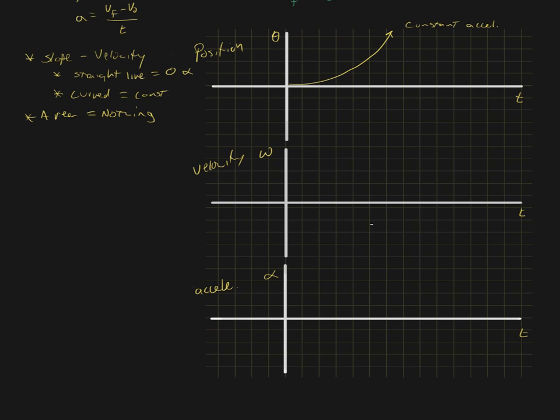Now on the velocity time graph, it may look something like this. And on the velocity time graph, the slope is going to be equal to the acceleration. And then the area is going to be equal to the displacement.